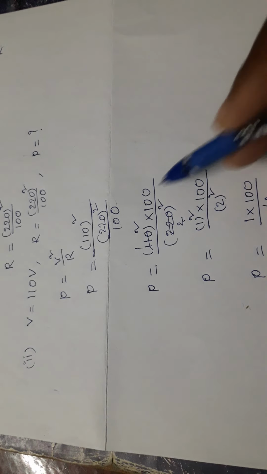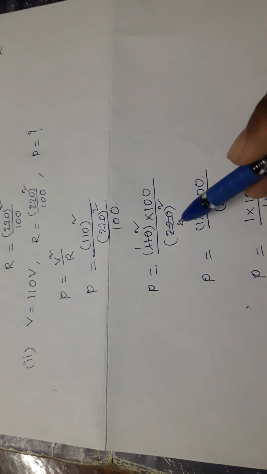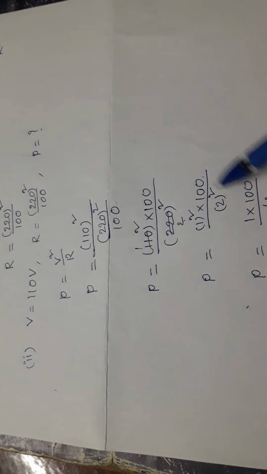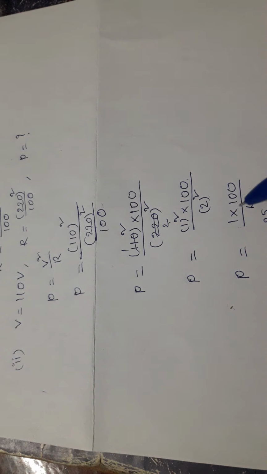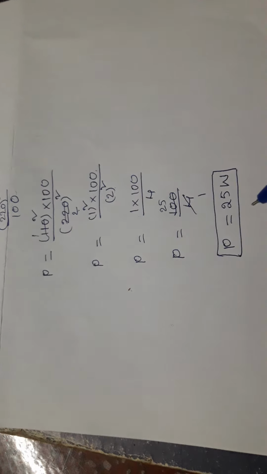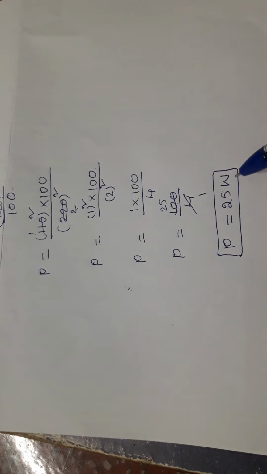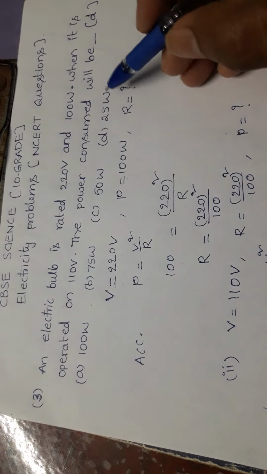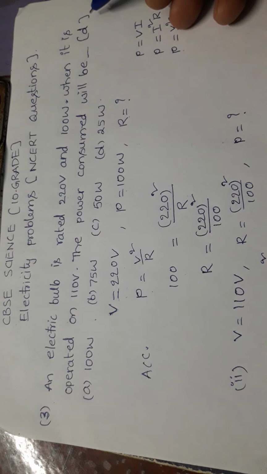So 1 square into 100 by 2 square. 1 square means 1, into 100 by 2 square means 4. So 1 into 100 means 100, 100 by 4. We can cancel it: 4 twenty-fives are 100. So P is equal to 25 watts. So our answer is option D, 25 watts.